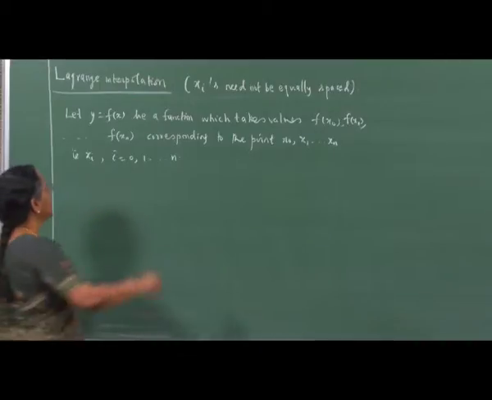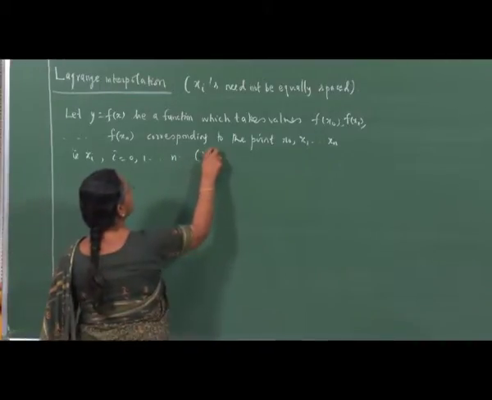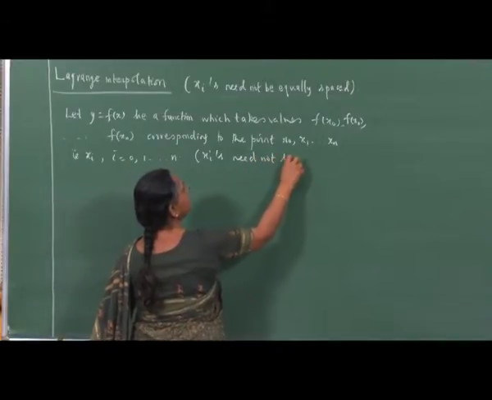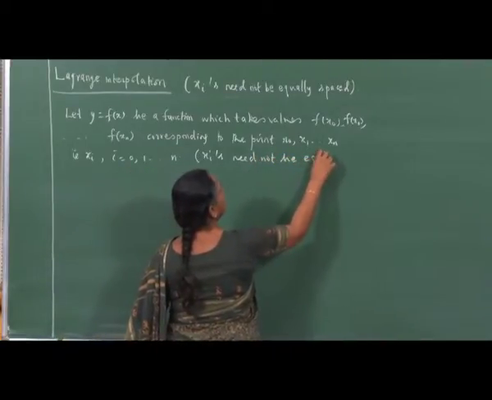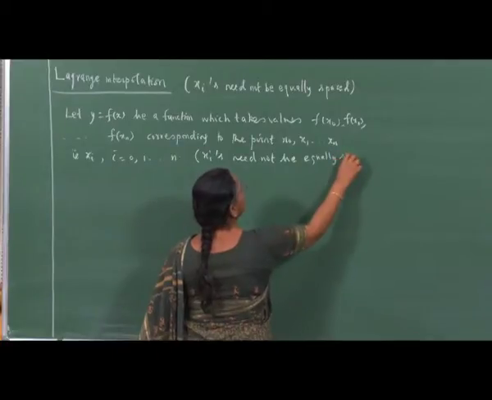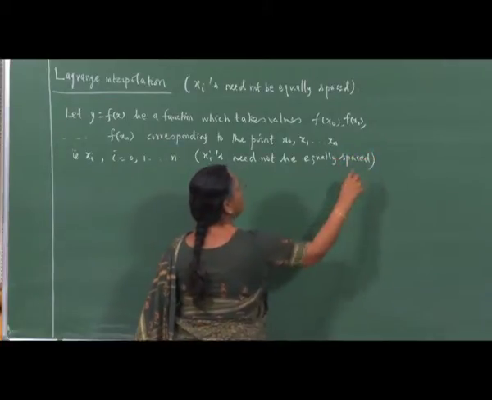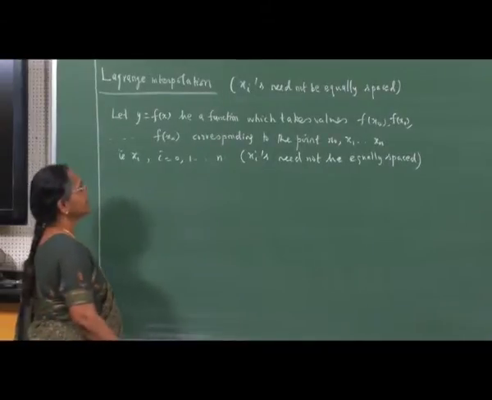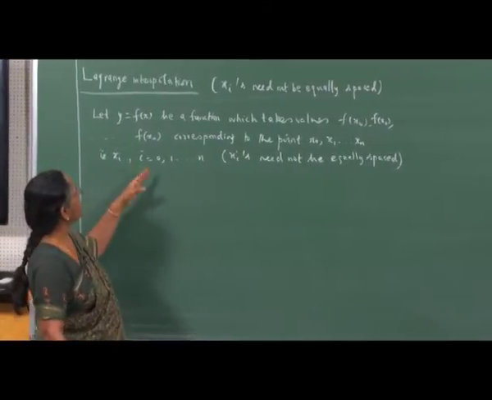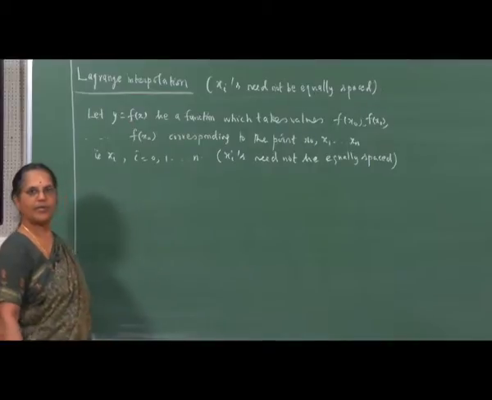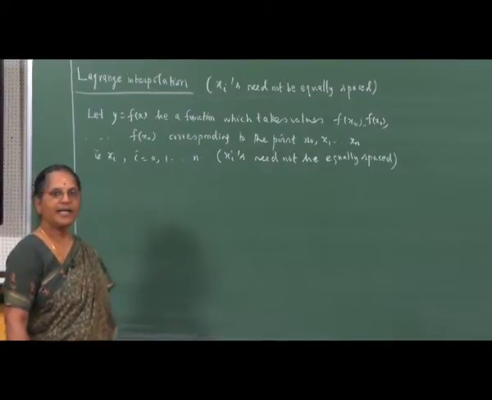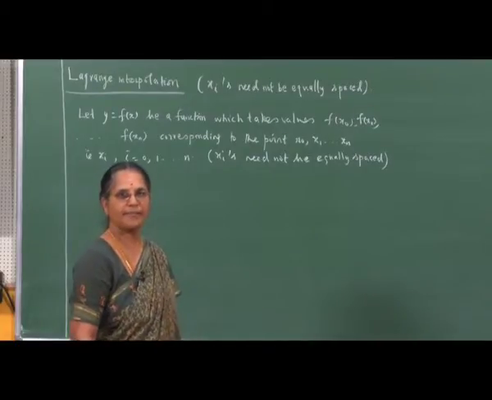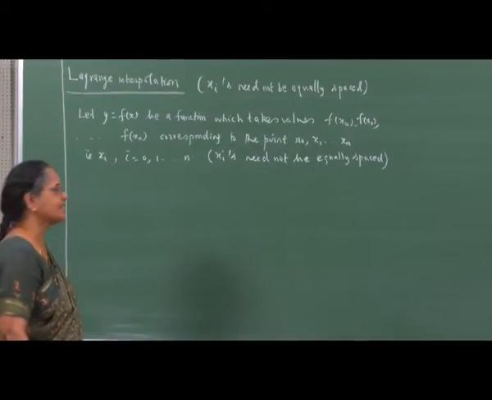As I said earlier, the xi's need not be equally spaced. So, there are n plus 1 distinct points. Therefore, we can represent this function y equal to f of x by an interpolating polynomial of degree at most n, say p n of x.